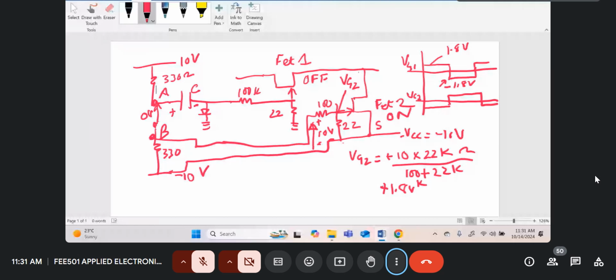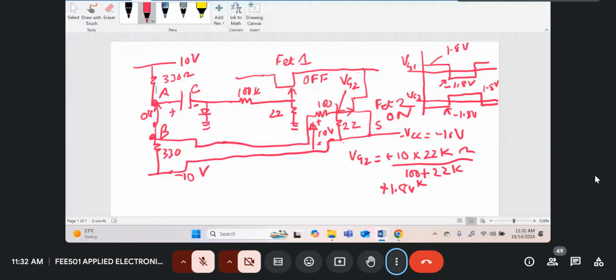So the same will apply. For this design, you've got to select your transistors very carefully, in that to switch them off, you need at least minus 1.8 volts. So I hope that is understood.